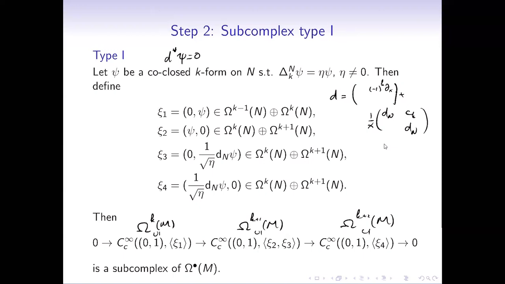Because we have both psi over here and the d of psi over here, that sort of corresponds to this line here, right? We need both its differential and constant multiples of it. So you get that this guy is a subcomplex of, well, in the separated picture, it's a subcomplex.